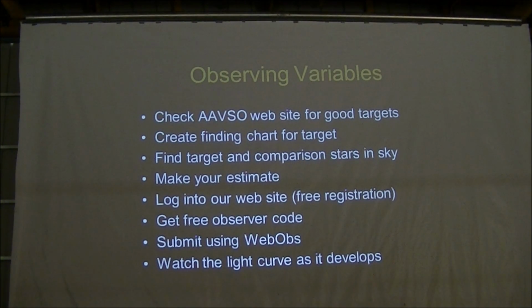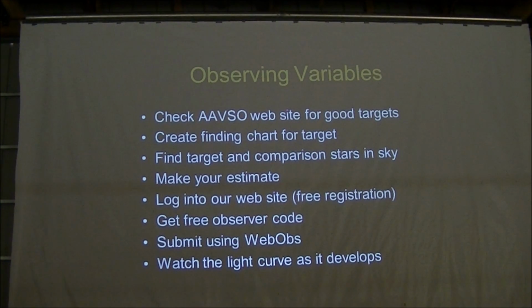And that is the hardest step, in my mind, finding that variable star in the sky. It's easy to find the right constellation, but if you're looking for a 14th magnitude object, like trying to find Pluto for the first time, it's really tough. But once you get beyond that step, then everything else falls through real easily.